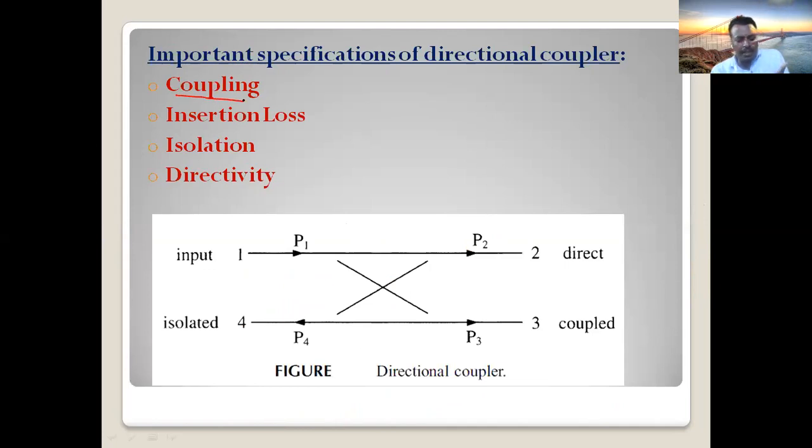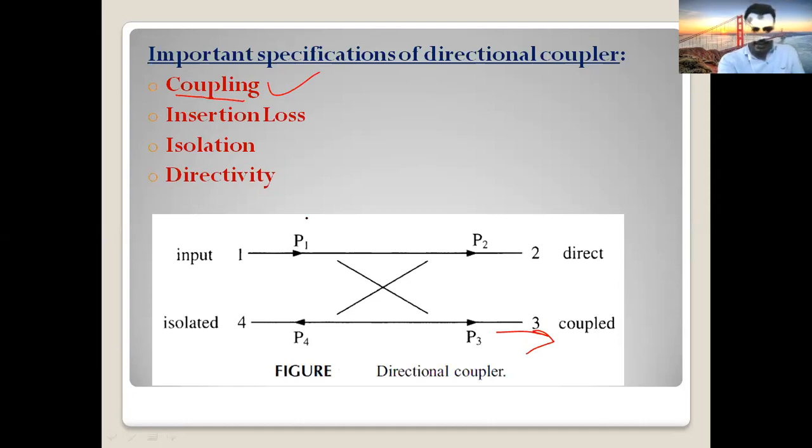Each directional coupler has some C value, coupling value. So what does it mean by C? C determines how much power goes to the coupled port, how much power is sampled, how much power is coupled from the main line to the coupled line. That is what we call coupling.